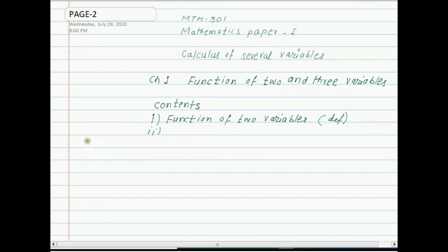So in the first year calculus course, what we have learned is the same concept for a function of one variable.